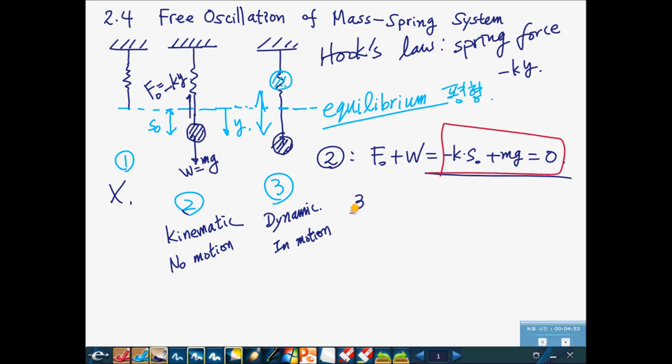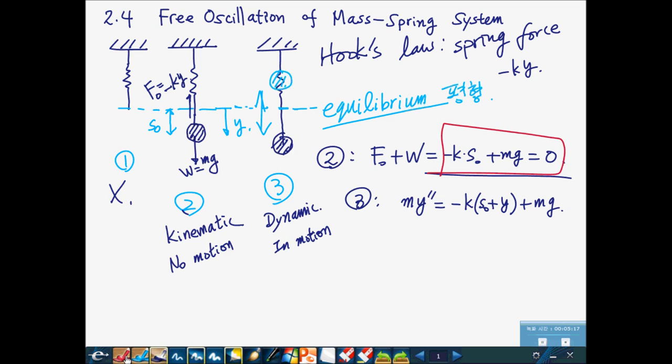And the third mathematical equation is Newton's second law, right? So m times y double prime equals all the forces around here, right? So it's minus k times (S naught plus y) plus mg. Okay?